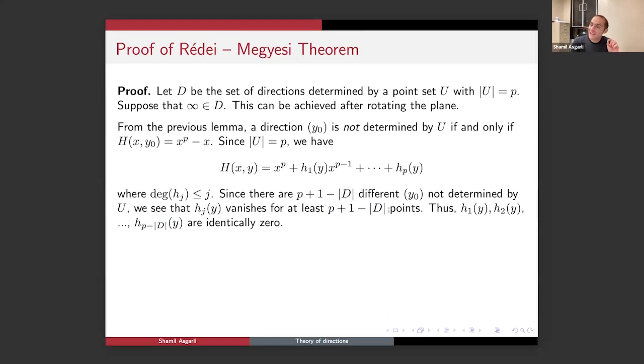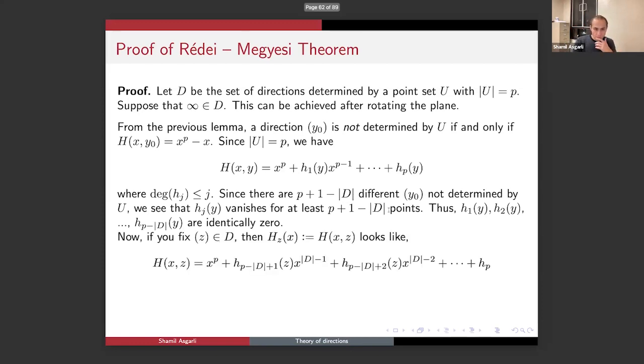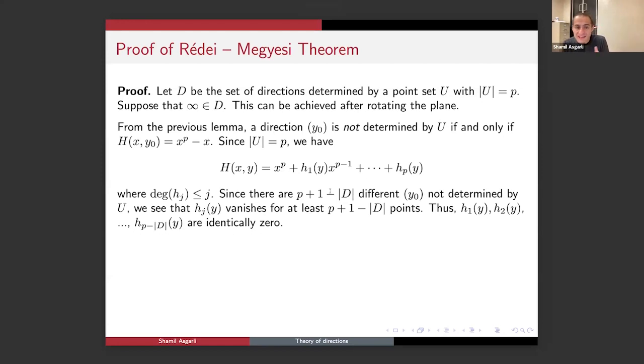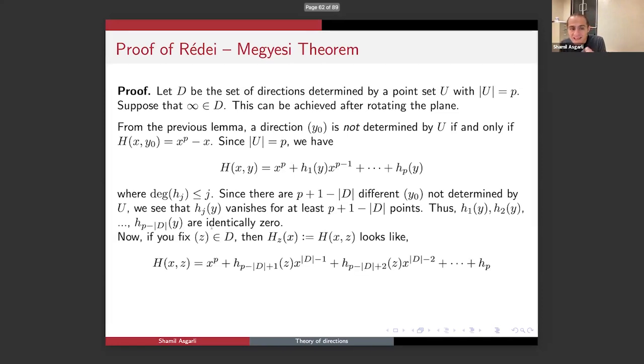Notice that here we're showing the polynomial is lacunary: lots of coefficients go away. And here's the beauty of the argument. Now that we know these h_i go away, we specialize in a direction which is determined by the point set U. So just take any z in D, a direction determined by the point set, and look at the specialized Rédei polynomial. We want to reduce it to a one-variable polynomial, so we plug it in.